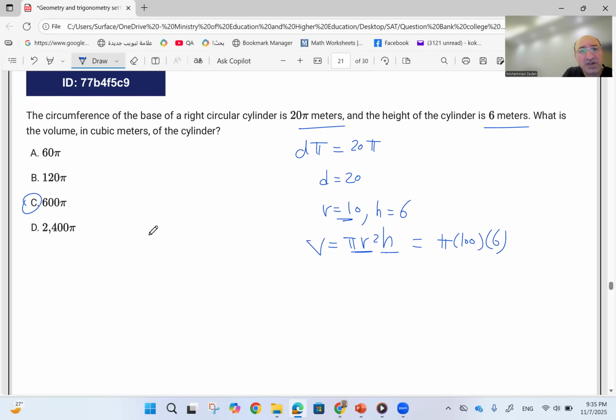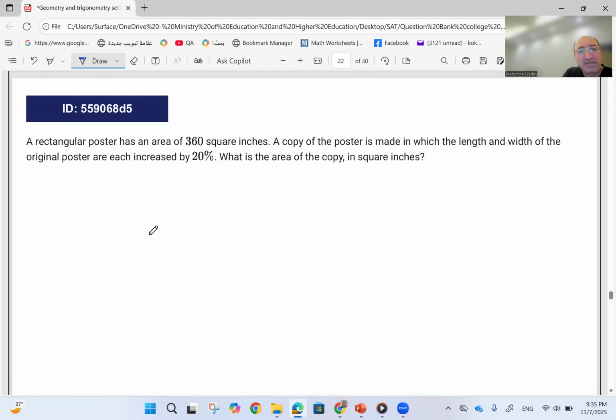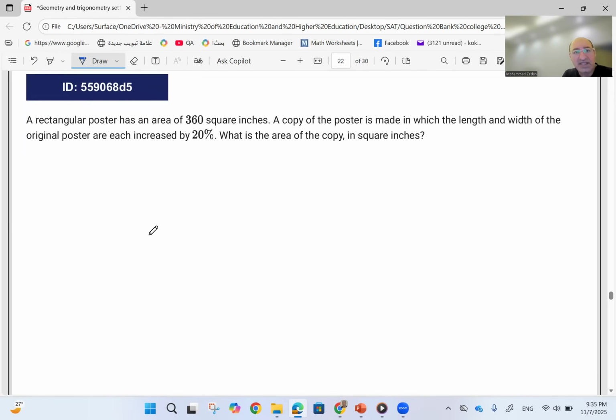Very easy question. The next one: a rectangular poster has an area of 360 square inches. A copy of the poster is made in which the length and width of the original poster are each increased by 20%. What is the area of the copy in square inches? Draw the original rectangle with dimensions x and y.